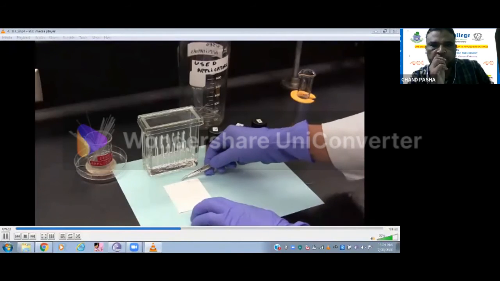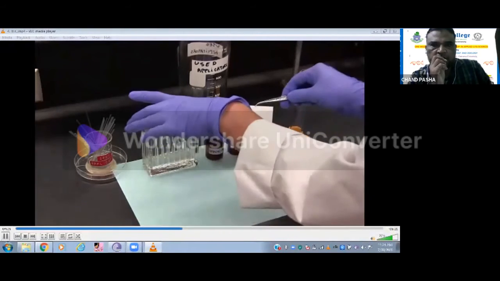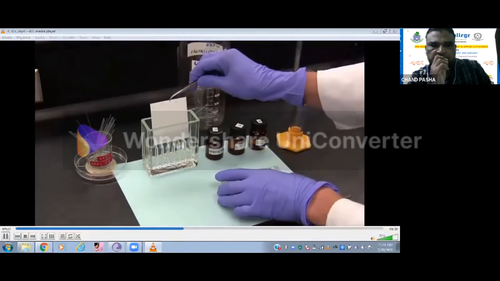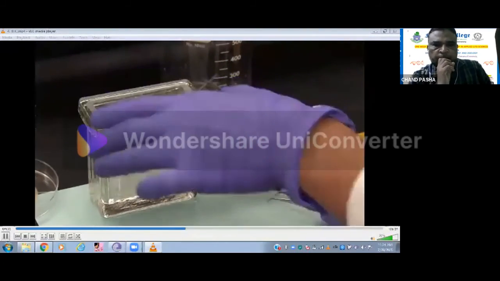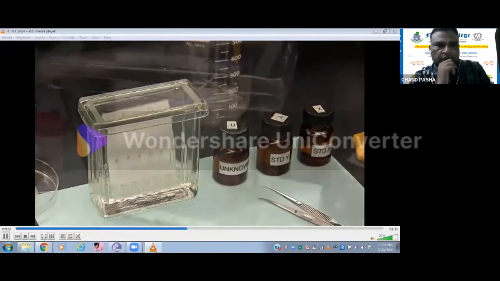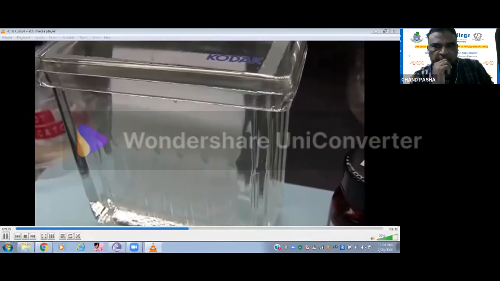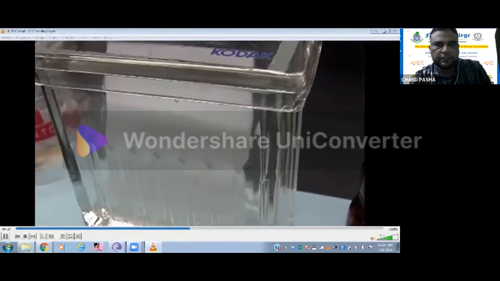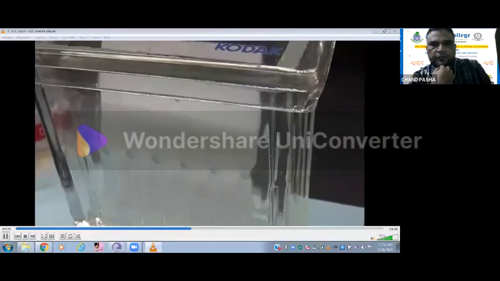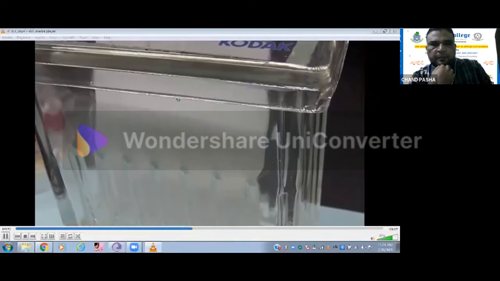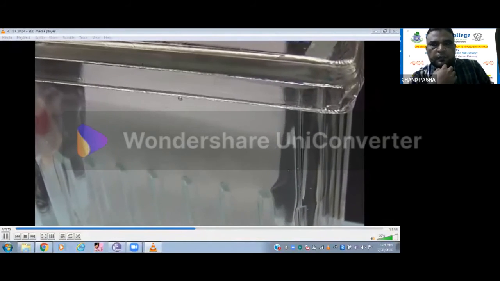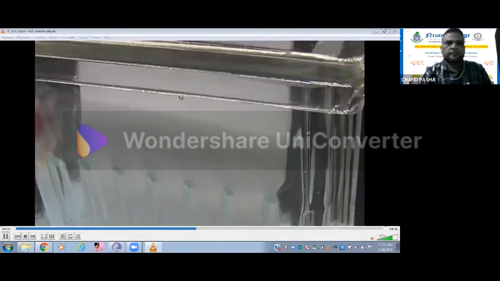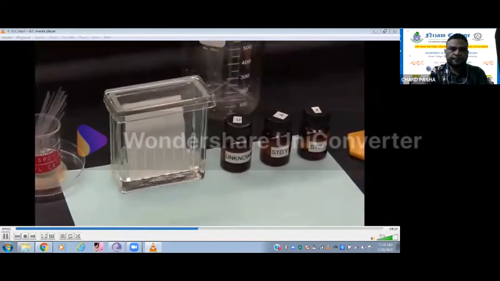Now, carefully, without touching with your bare hands, you place your TLC sheet in the chromatographic chamber and allow it for the separation. The same as in paper chromatography, here also, due to capillary forces, your solvent is migrating over the stationary phase. And here the biomolecules get separated based on the principle of partition chromatography.